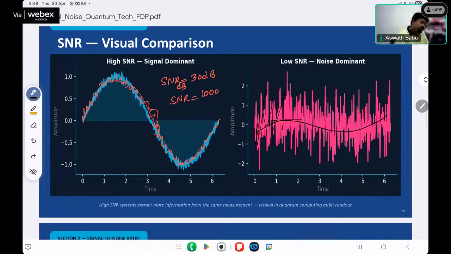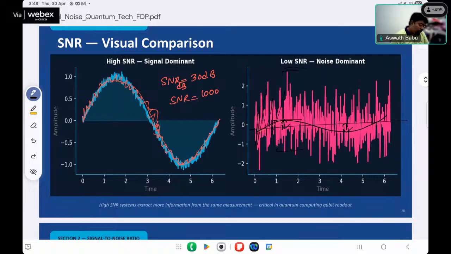You see, the amplitude is very, very small. When it comes to noise, amplitude is large, nearly 5 to 6 times larger than the signal strength. So in this case, we say very low SNR, and in fact, the system is noise dominant.